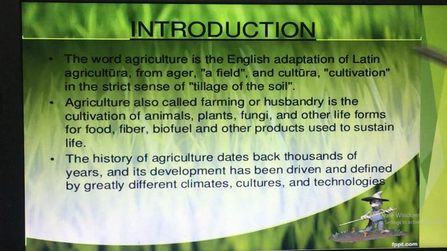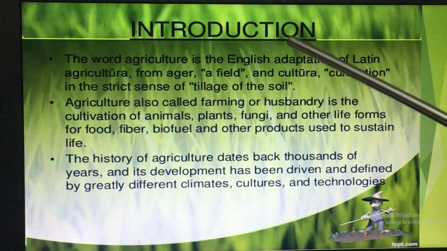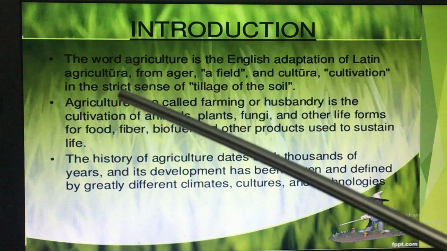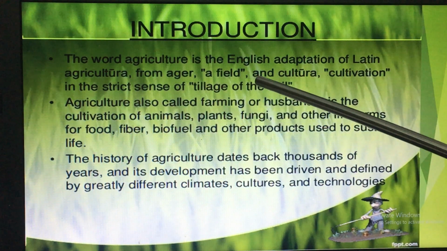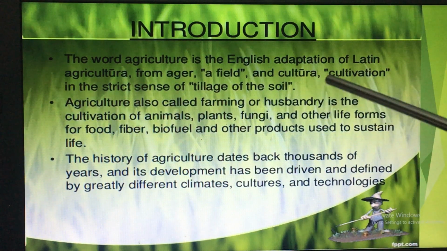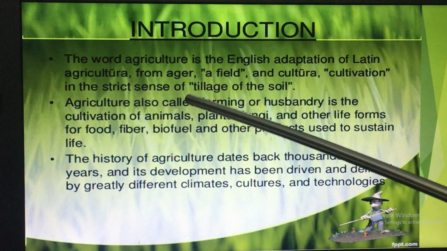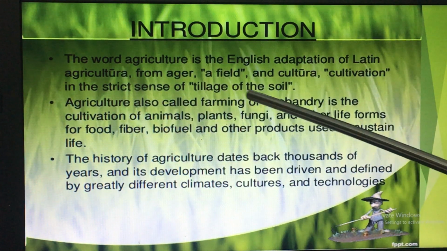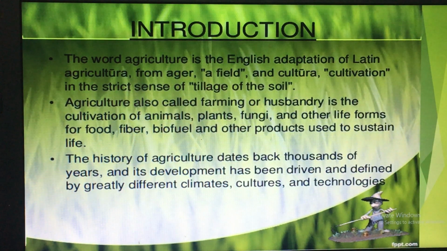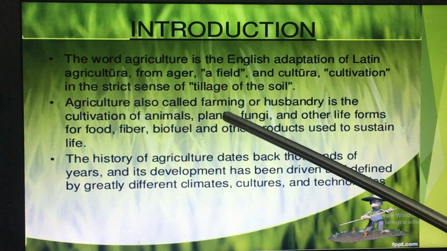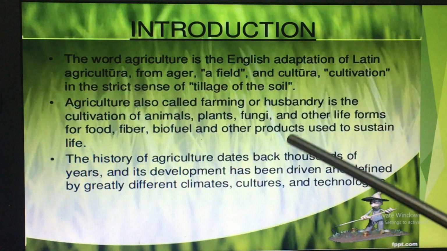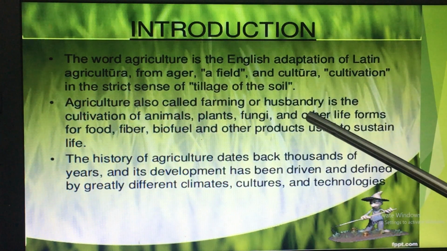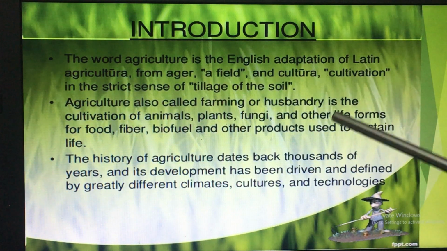The word agriculture is the English adaptation of Latin agricultura, from ager, a field, and cultura, cultivation, in the strict sense of tillage of the soil. Agriculture, also called farming or husbandry, is the cultivation of animals. Agriculture does not include only the cultivation of crops.